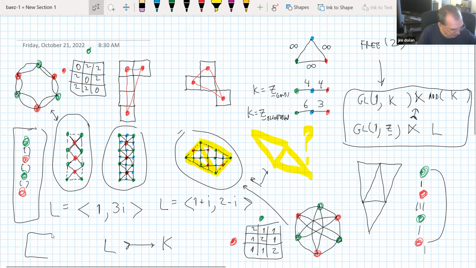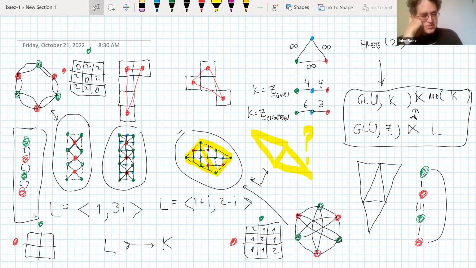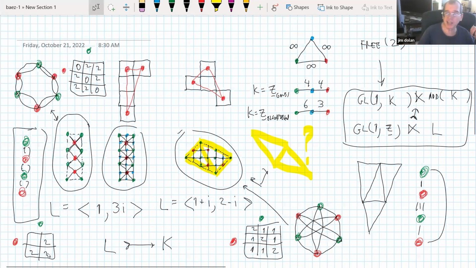So the incidence matrix for this one, between the greens and the reds, looks like what? Sorry, that was supposed to be red. And what does the incidence matrix look like for this one over here? It's got some 2s and some 0s, two 2s and two 0s, and I guess you can permute the rows or the columns.